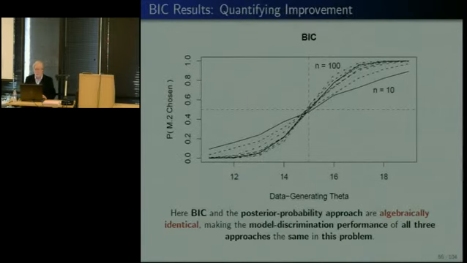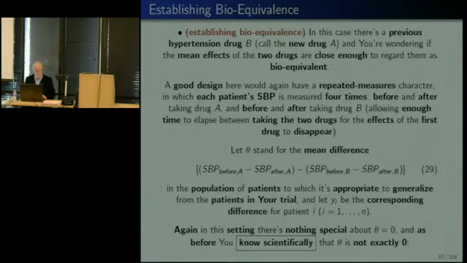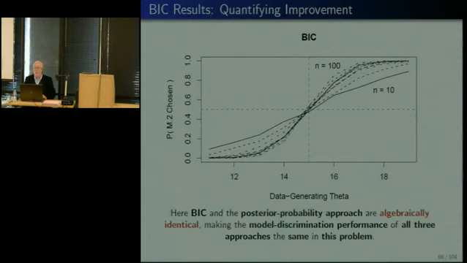Moreover, it turns out BIC and the posterior probability approach are algebraically identical here, so all three approaches have exactly the same behavior in this problem. So anybody who says that BIC is always better than log scores hasn't looked at this example where they're identical.